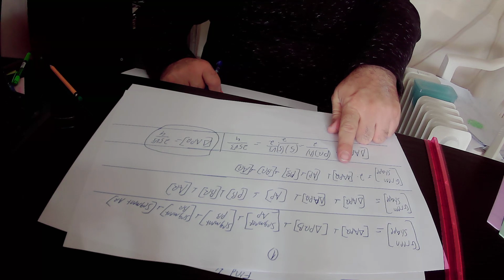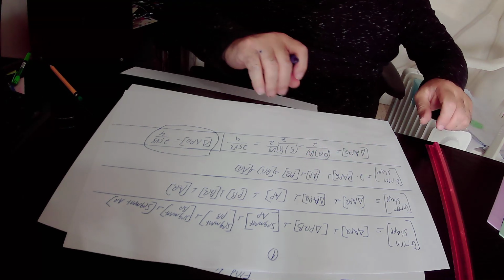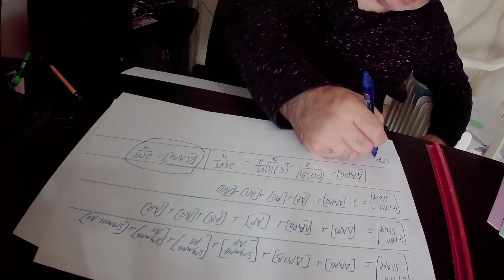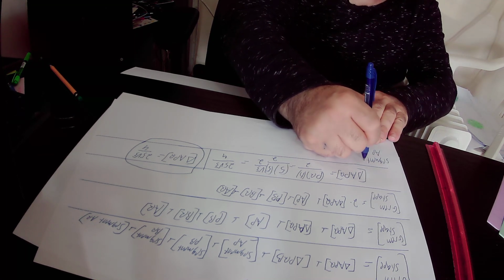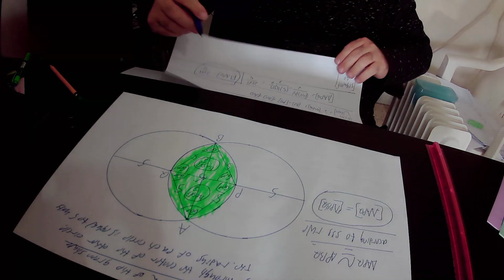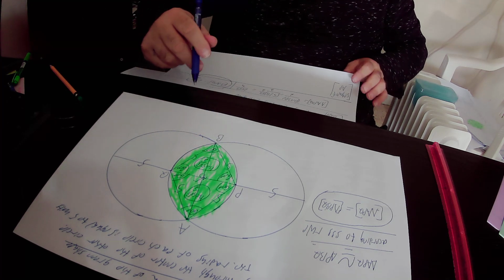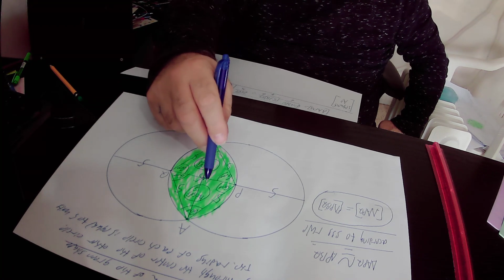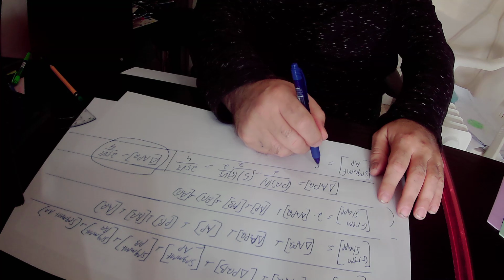In the next step, we have to find out the area of segment AP. So what is the area of segment AP? The area of this segment AP will be equal to the area of sector AQP minus the area of triangle AQP.